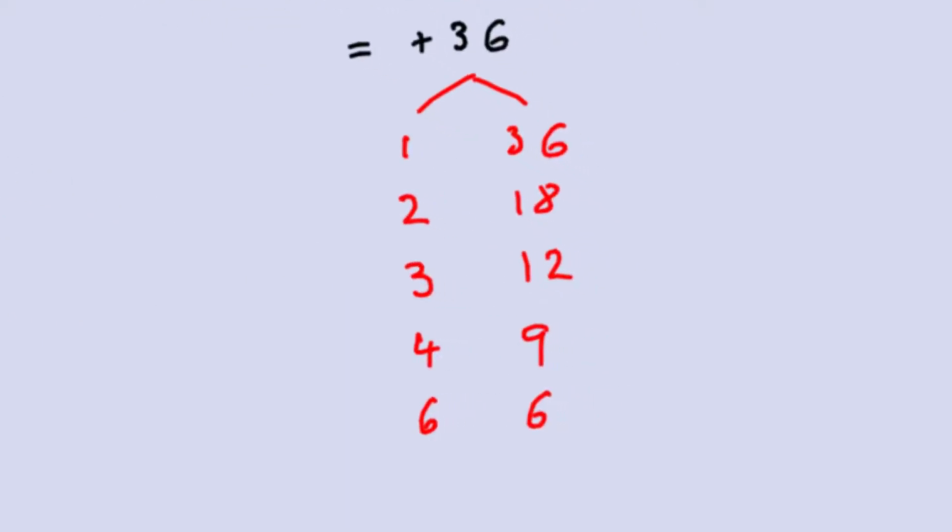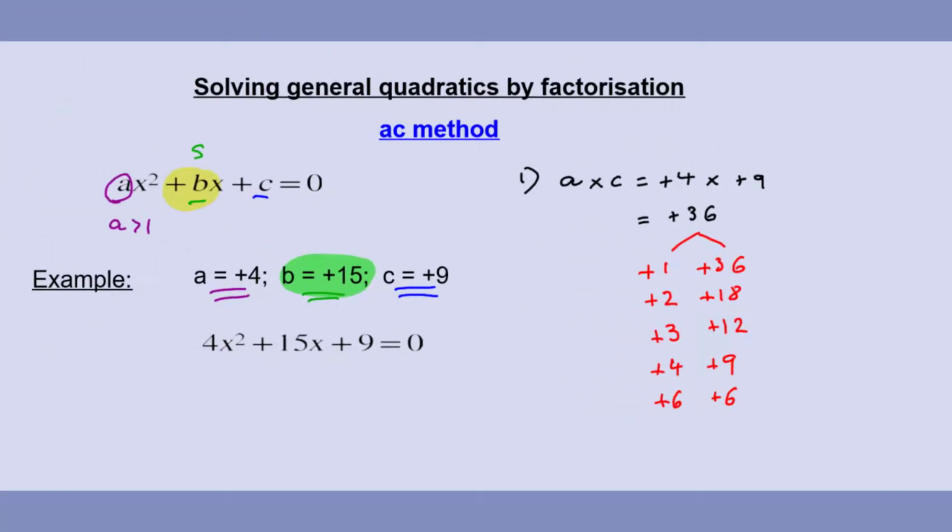So in our case 1 and 36, 36 is the larger factor. For the sum to be positive, 36 has to be positive, and all those larger numbers for each pair of factors have to be positive, from 36 to 6. Plus times plus is plus, so the smaller numbers for each pair are also positive factors. That way all these factors will multiply to give plus 36.